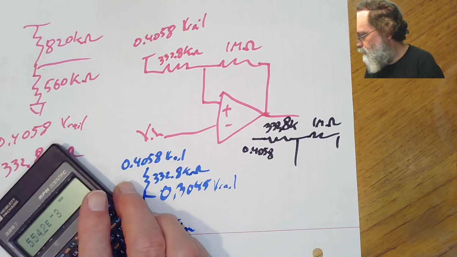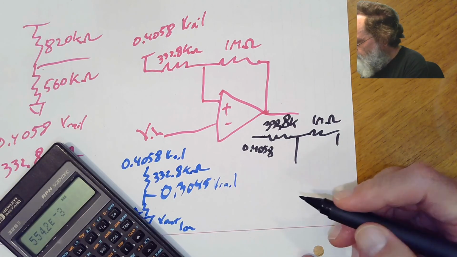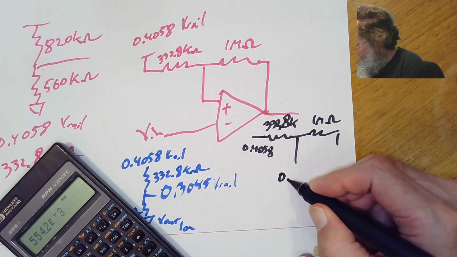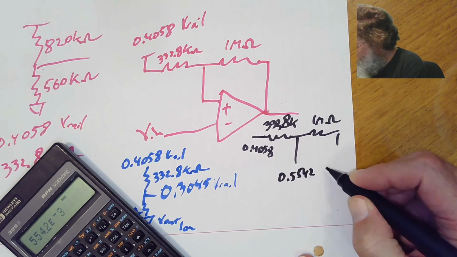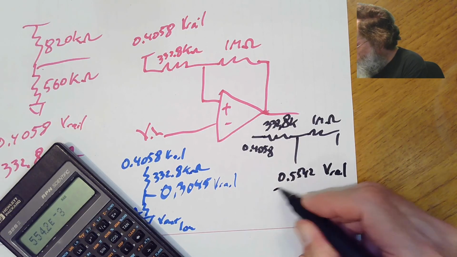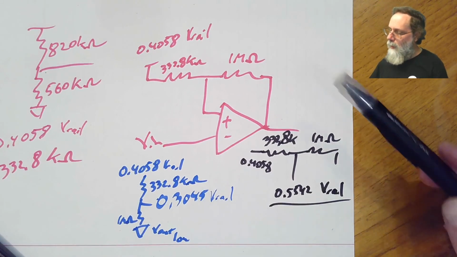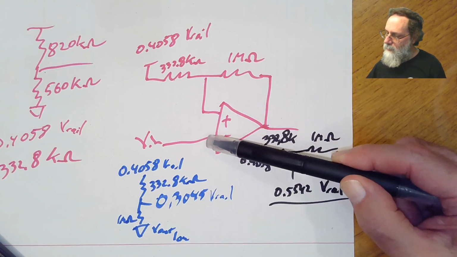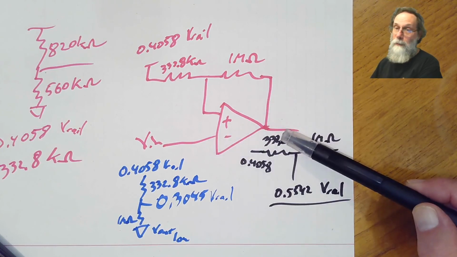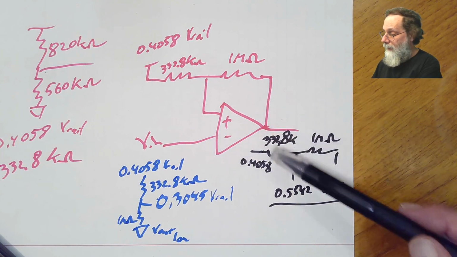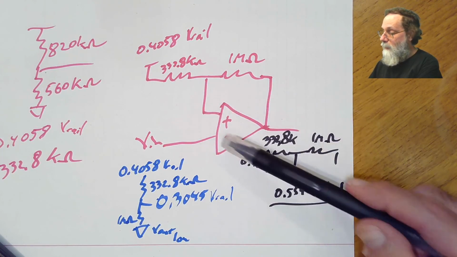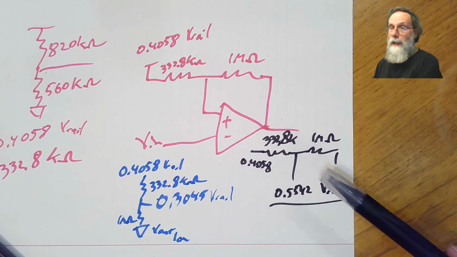And I get that this is about 0.5542 times VRAIL. So that's our high threshold, and that's our low threshold. When the input goes above the high threshold, the output will go low, and when it goes below the low threshold, the output will go high.